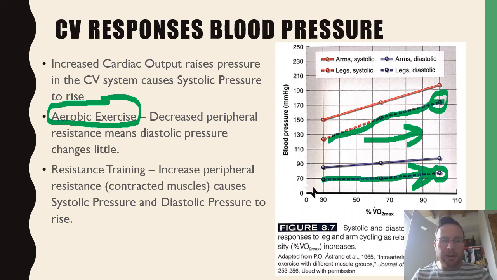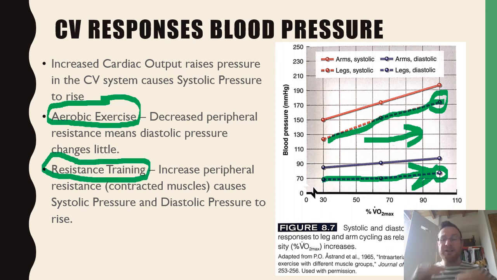If we saw something like resistance training, we'd see a much greater rise in systolic pressure. As we strain, all the muscles constrict, and we restrict blood flow through those constricted muscles. So the heart tries to work harder to push through them. We see a massively increased systolic pressure, but because of that resistance from the constricted muscles, we also see a rise in diastolic pressure.